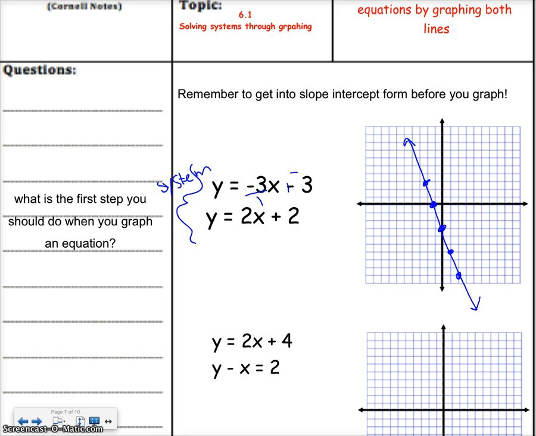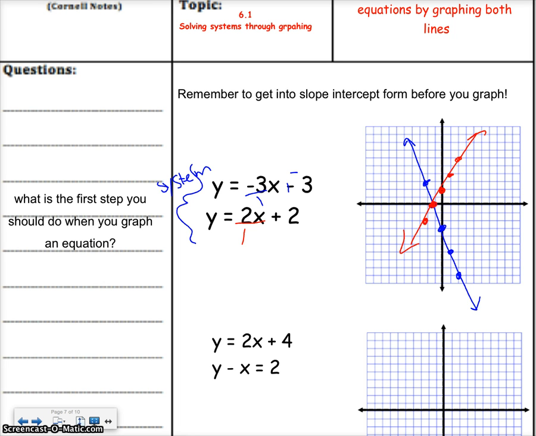Now I'm going to make my second line of the system. So I have a y-intercept of 2, and then my slope is up 2 over 1. Up 2 over 1. Notice I'm getting nowhere near the line. So I definitely need to go the other way because I'm trying to find where they cross. Down this way 1, found it.